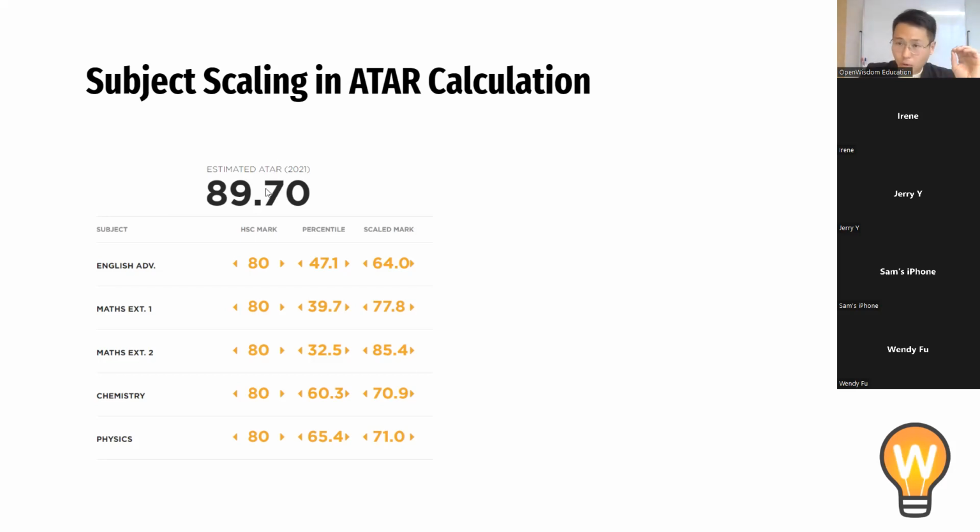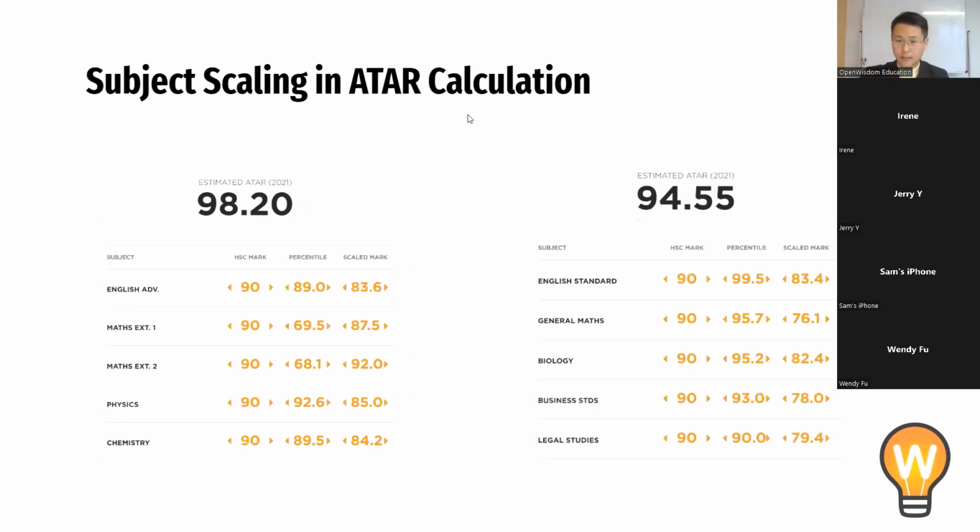So my question for everyone on the call is, what do you think the second student would get if the second student also got 80 for all the medium/low scaling subjects? I'll give everyone maybe 5 to 7 seconds to think about this. Yeah, so I'll go back to the previous slide.